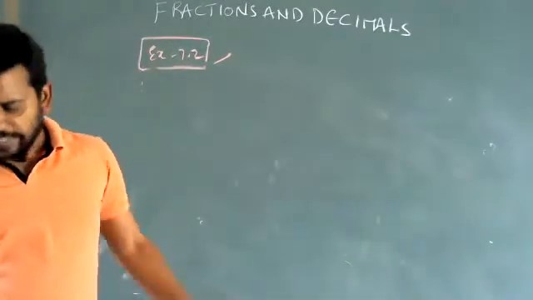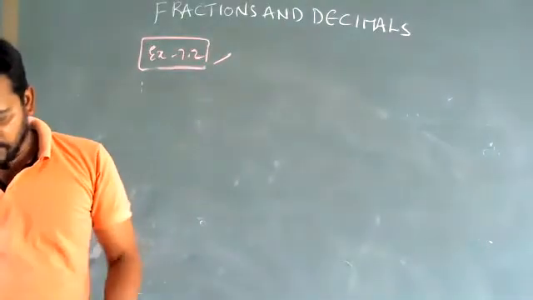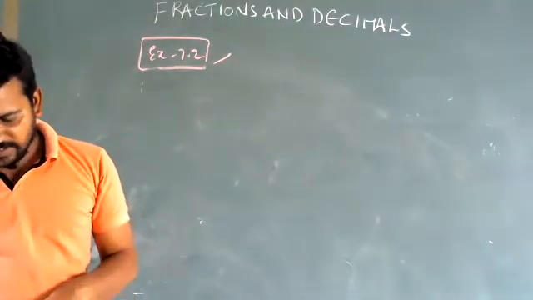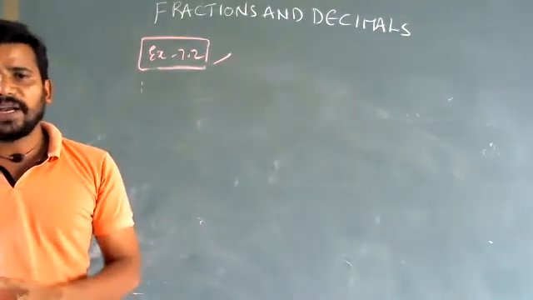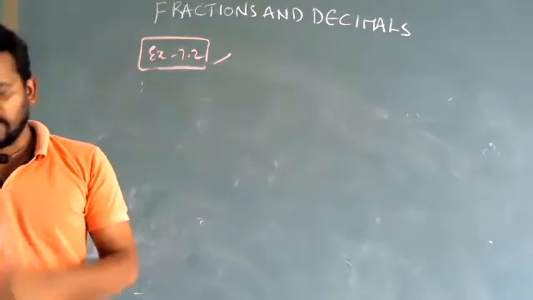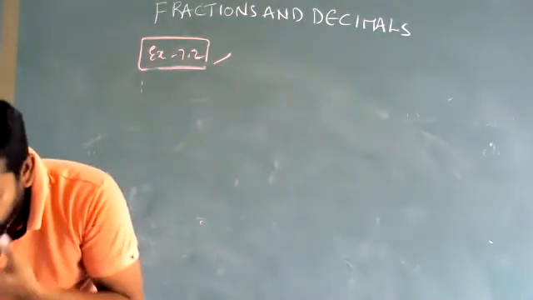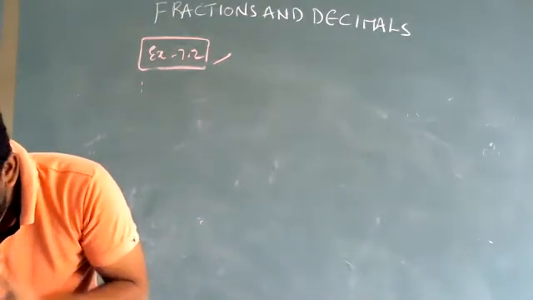You better take this problem as homework. It is very simple. Some fractions are given. You identify the denominators and decide whether they are like fractions or unlike fractions. Okay. Now I am going to take ascending and descending order of fractions.